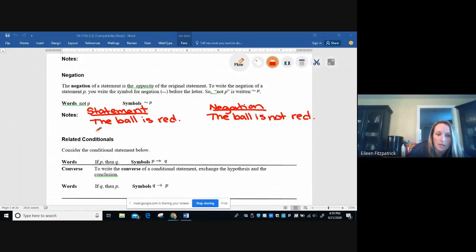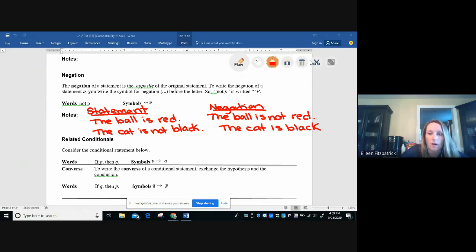All right, another example, so another statement, the cat is not black. So if that's the statement and we want to negate that statement, the opposite of that statement would say, the cat is black.